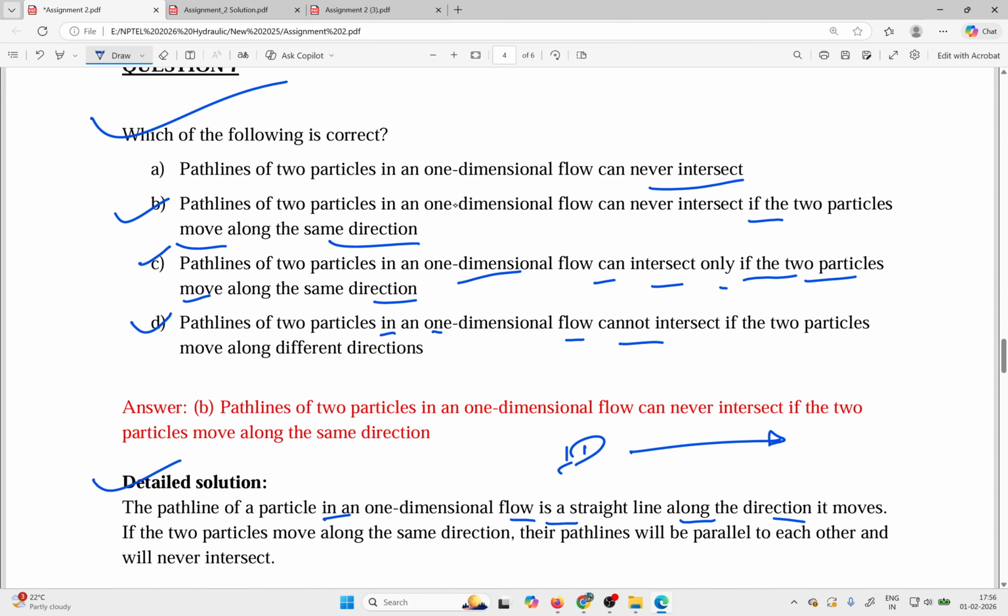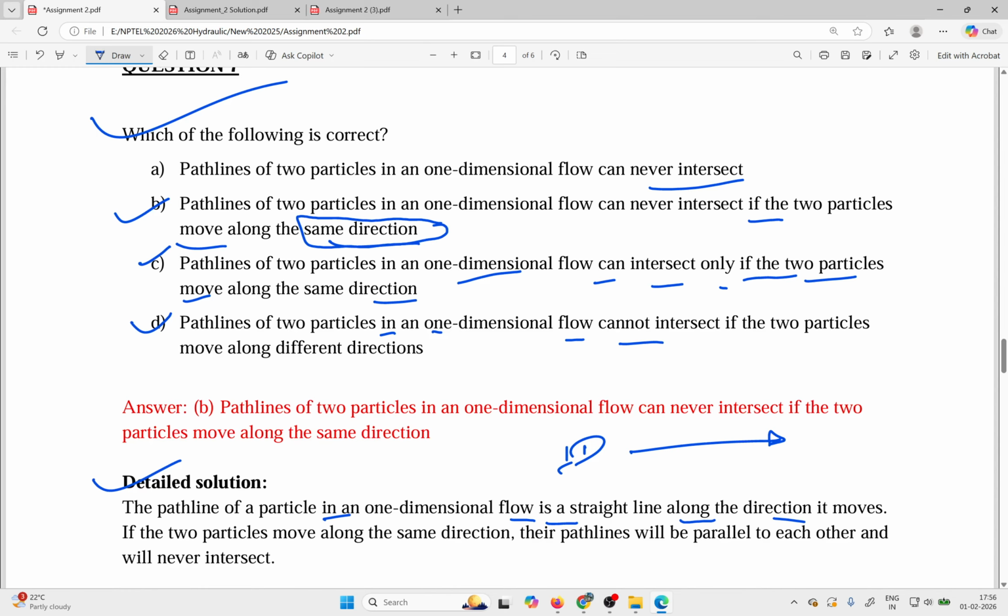Okay, a little bit close, but the most appropriate one: the path lines of two particles in a one-dimensional flow can never intersect if two particles move along the same direction. So remember, please, here the condition of the same direction is given.